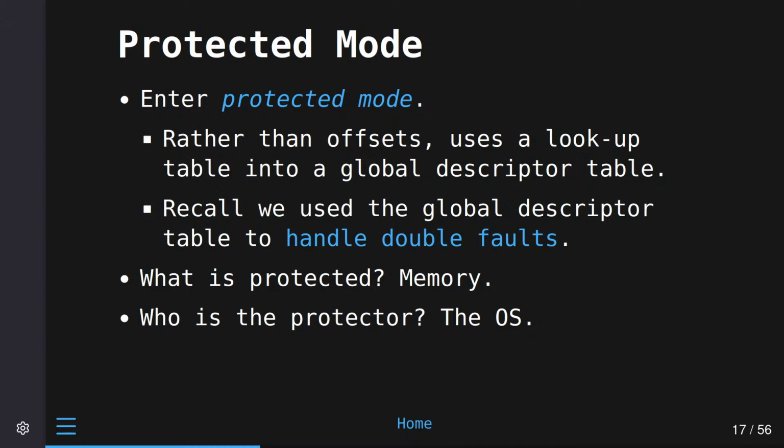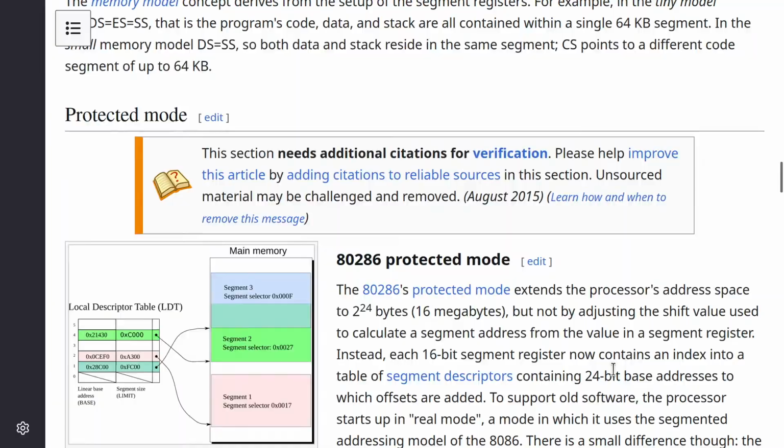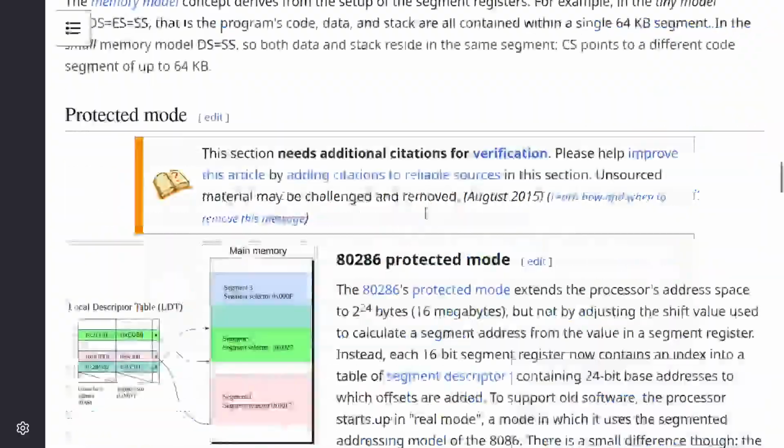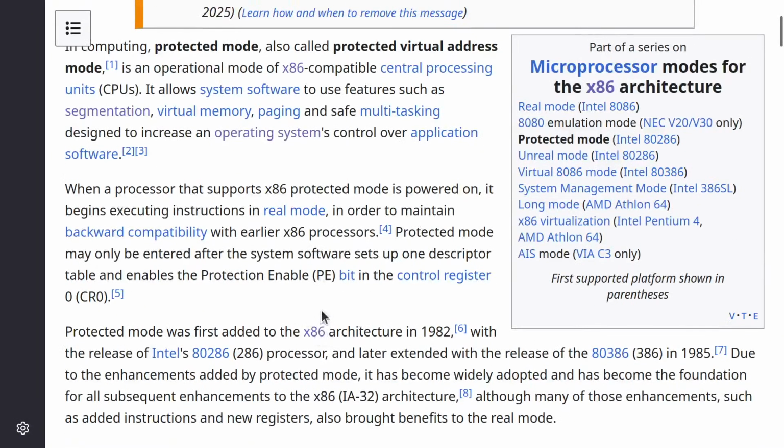Then there's protected mode. Jimmy, do you have a take on protected mode? Have you gotten into protected mode ever? Okay, all right. Protected mode is two things, right? Let's pop it open. Protected mode was a big thing for a while.